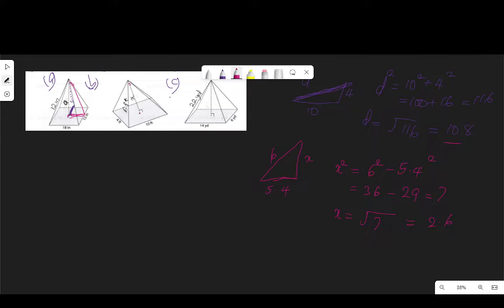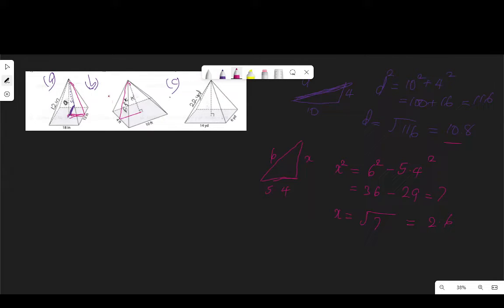If I drop a line from this point down here, and I do the same thing here, this line right here is the height of this triangle.